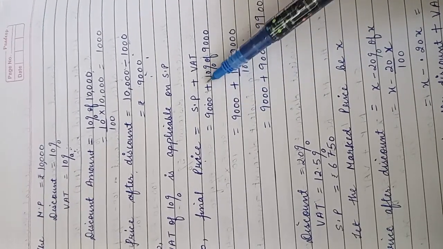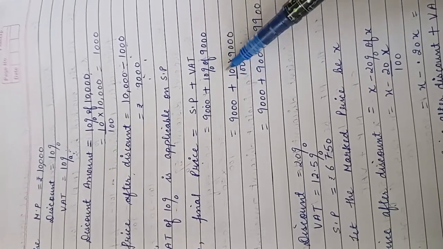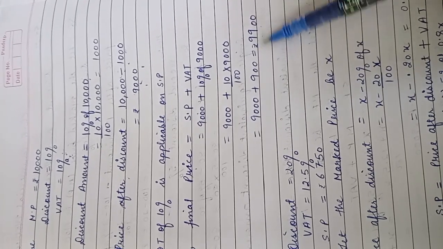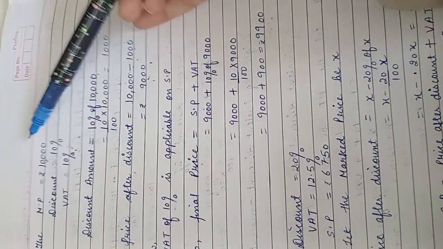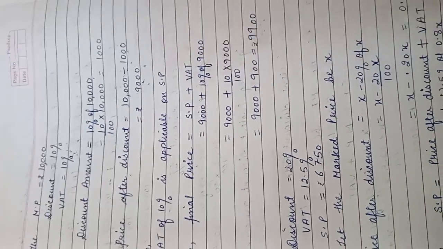Again 9,000 plus 10 upon 100 multiply by 9,000. We will cancel them out and we will get 9,900 rupees. So this much amount Vidya has to pay after discount and also after the value added tax.